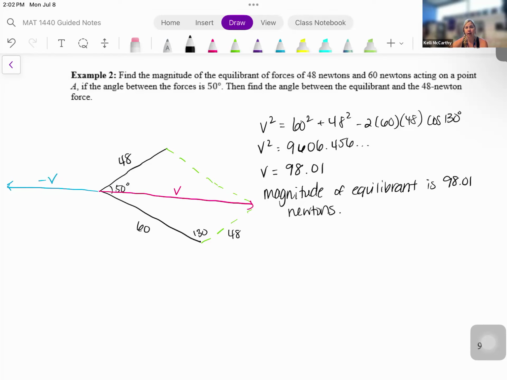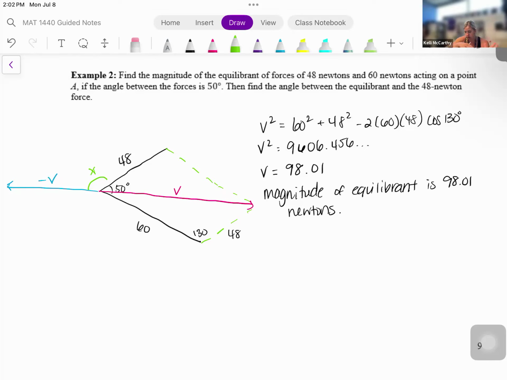Now they're asking us to find the angle between the equilibrant and the 48 Newton force. So looking at our picture, we're looking for this angle X, that angle formed between the equilibrant and that 48 Newton force. So we're going to have to use some working backwards.